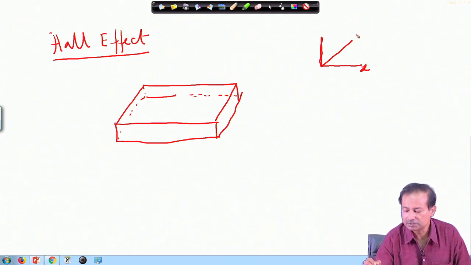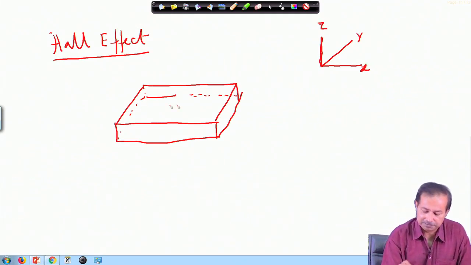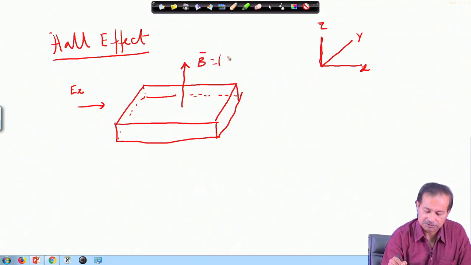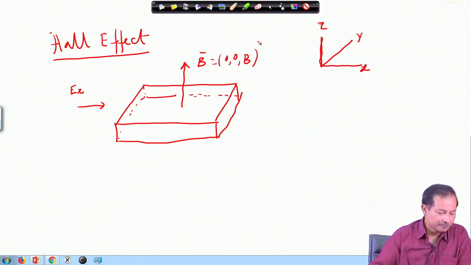This is x, y and z, and the electric field is along the x direction. There is a magnetic field perpendicular to this, which is along the z direction, equal to (0, 0, B), its magnitude is B.